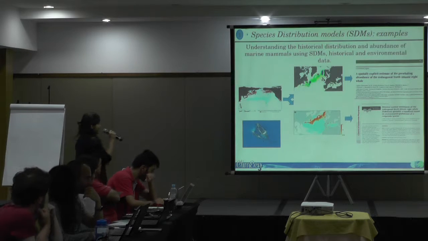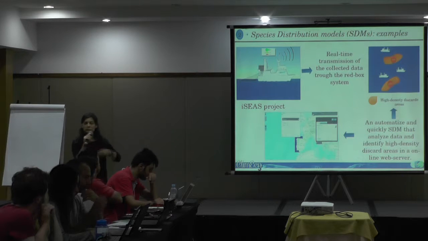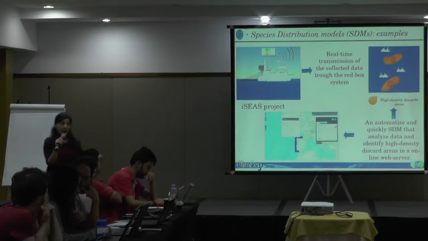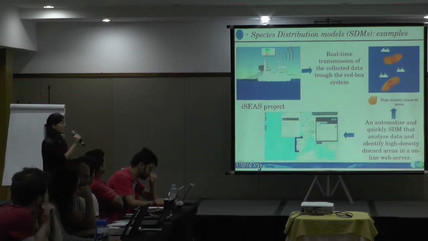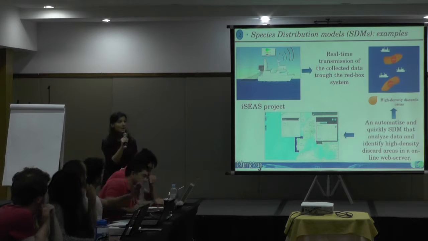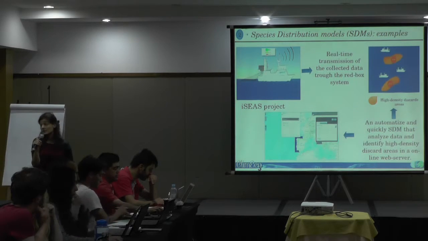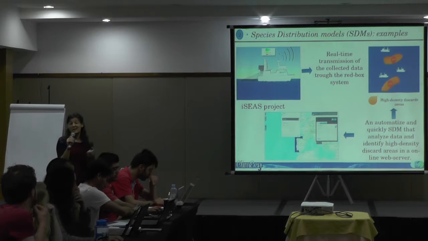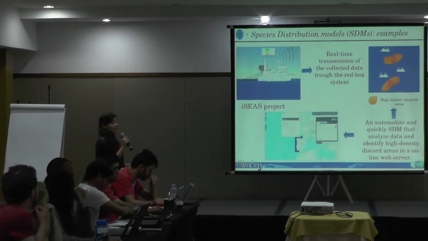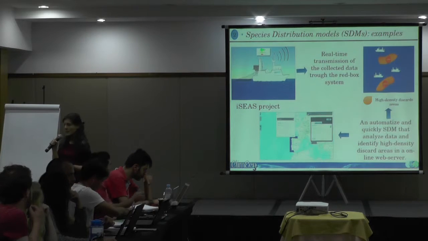Okay? But you can use species distribution models also for other kinds of aims. For example, now we are working in Spain on a European project that is trying to deal with the discard issue. Discard is the part of the catch that is not commercialized, so it's an economic loss for the fishery, and it actually has a lot of ecological impacts on the ecosystem.